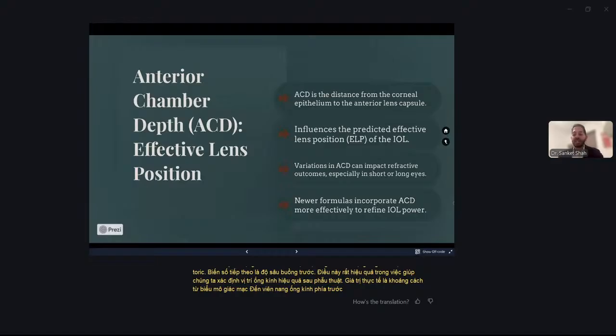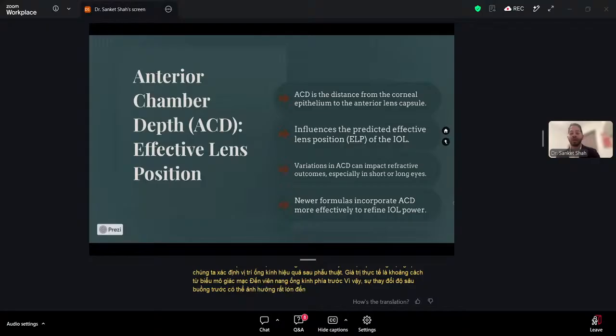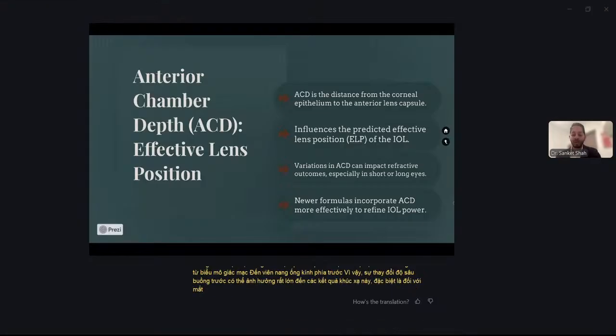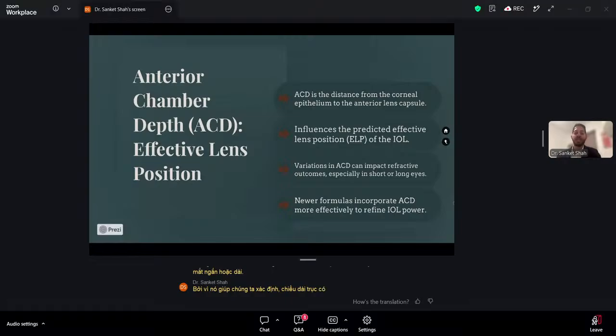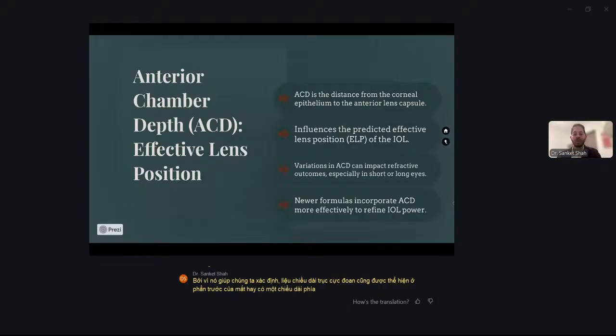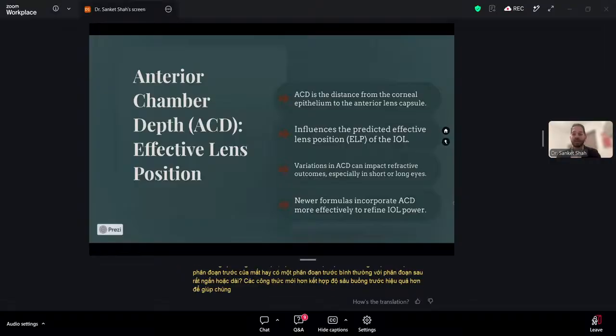So variations in anterior chamber depth can have a very strong impact on these refractive outcomes, especially when it comes to short or long eyes, because it helps us determine, is the extreme in axial length also represented in the anterior segment of the eye, or is there a normal anterior segment with a very short or long posterior segment of the eye? The newer formulas do incorporate the anterior chamber depth more effectively to help us refine the power.